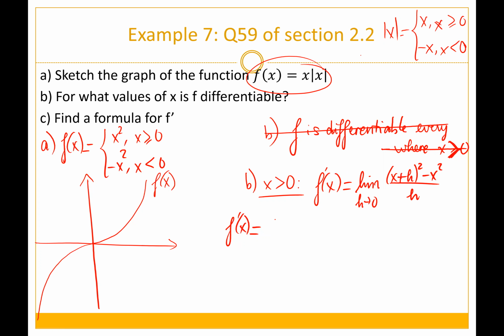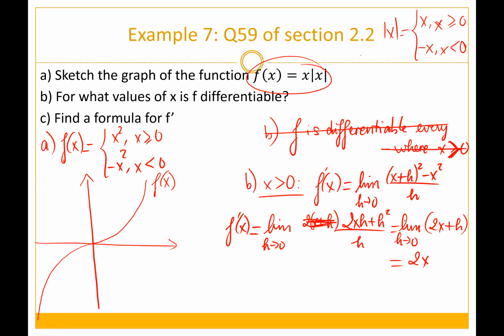So if you do the simplification, you're going to have 2xh plus h squared, divided by h. It is going to equal the limit as h approaches 0 of 2x plus h. And as h approaches 0, that is going to be 2x. So that is f prime of x when x is bigger than 0.